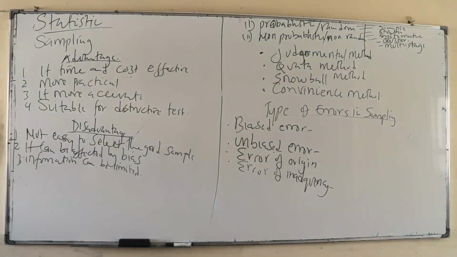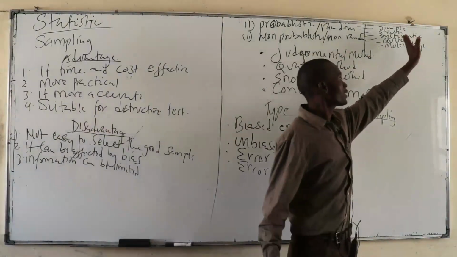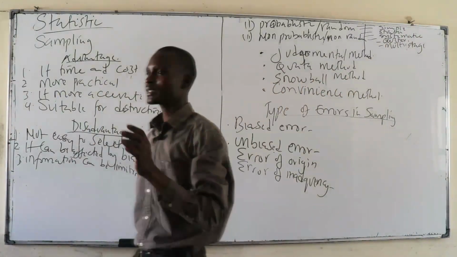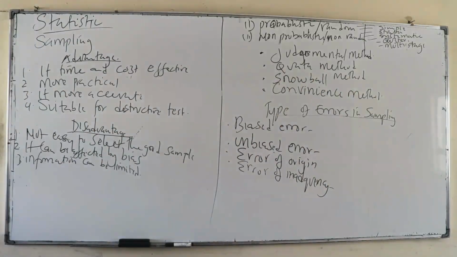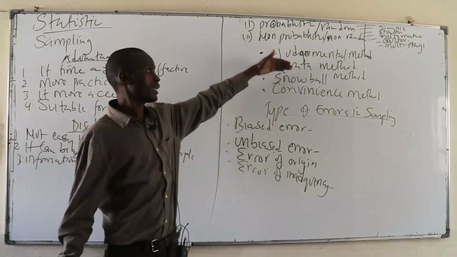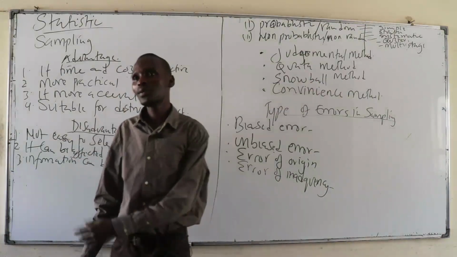Under probabilistic, we have 5 methods: simple, strata, systematic, cluster, and multi-stage. Then we have non-probabilistic, where the researcher assumes that every member does not have equal chance to be selected in the sample. Na hapa kuna method 4 za kutumia: judgmental, quota, snowball, and convenience method.